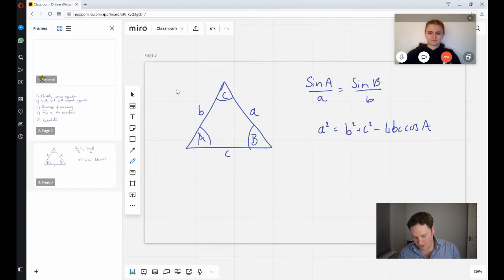This bit, me not knowing the formula, might have to be edited out, because this isn't cool. Oh, why ever do? Yeah.